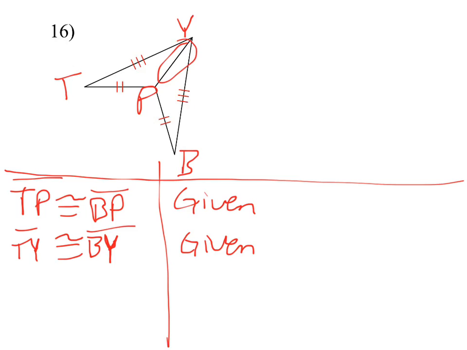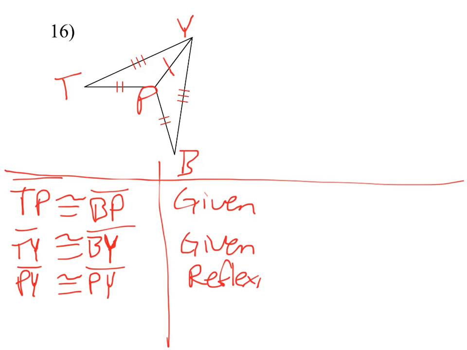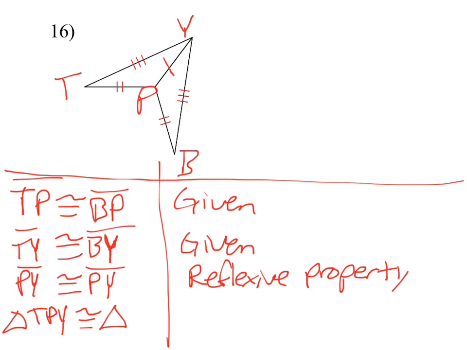One thing that's not given is right here in the middle. We have PY is congruent to itself, PY. And that's because of the reflexive property. Everything's congruent to itself. Here, I'll even write out property. And now I know that triangle TPY is congruent to triangle BPY by side, side, side. So there you go. Even the proofs on the end, all in one video for you.